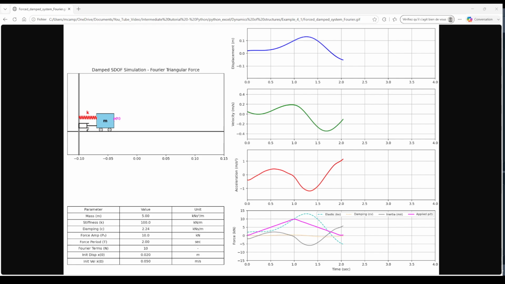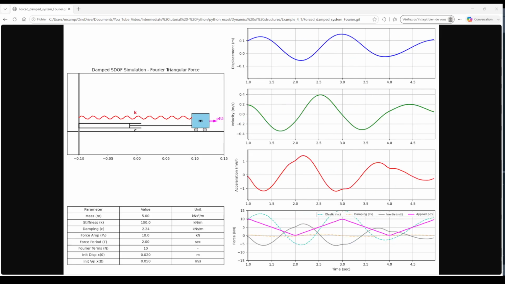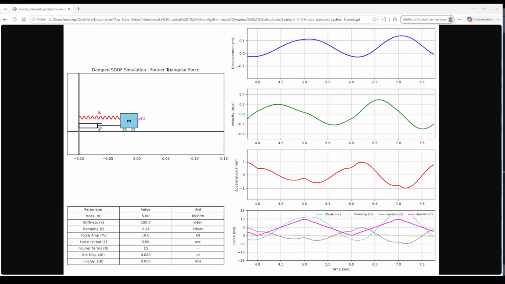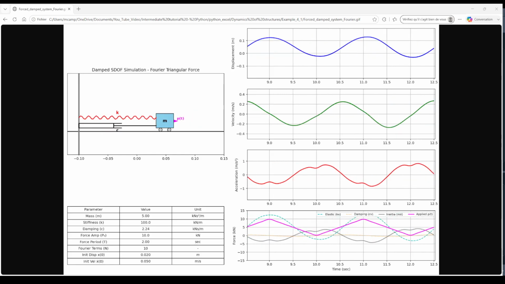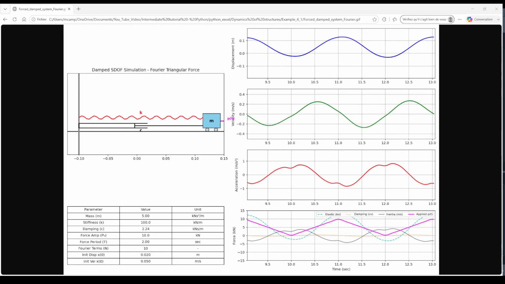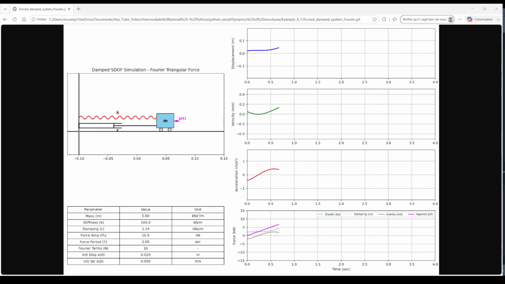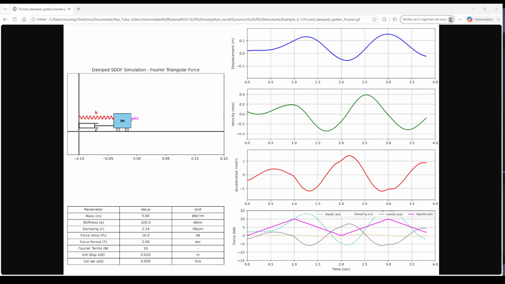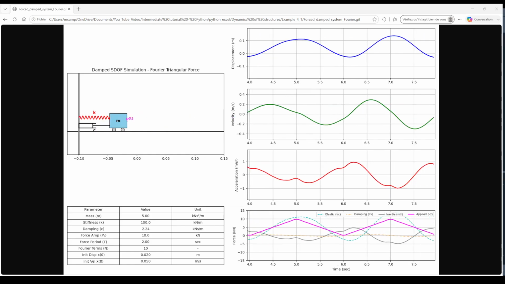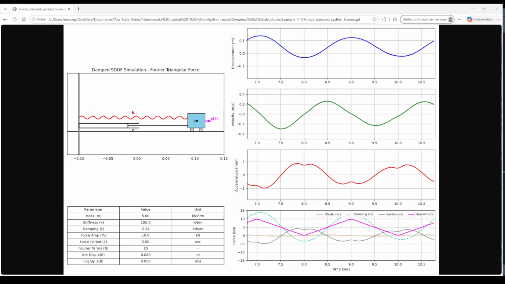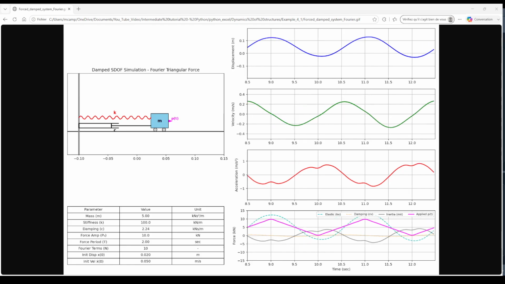The force amplitude is 10 kilonewton, and the force period T is 2 seconds. The Fourier terms used are 10, and there are the initial displacement and initial velocity applied for this system.